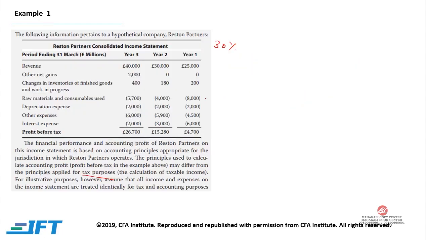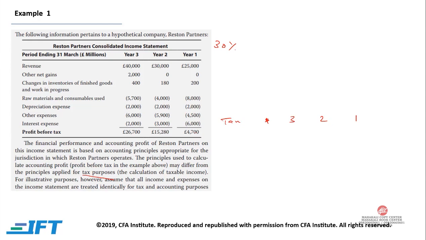Now, over here, the profit before tax is 4,700 for year 1, 15,280 for year 2, and 26,700 for year 3. Now, let's calculate the tax on the basis of 30%. This is year 1, year 2, and year 3.